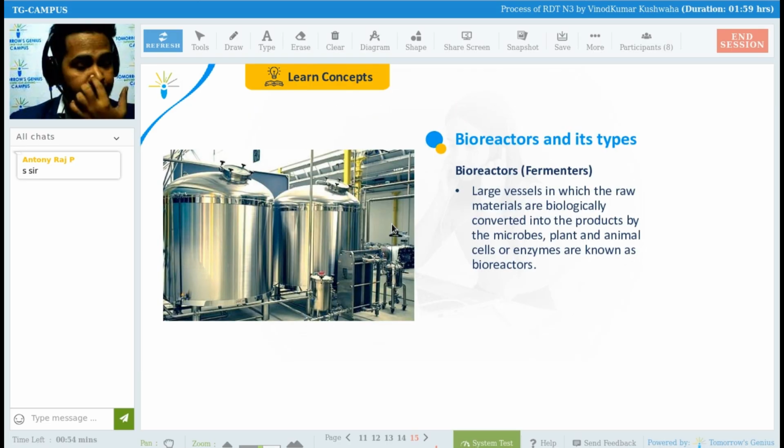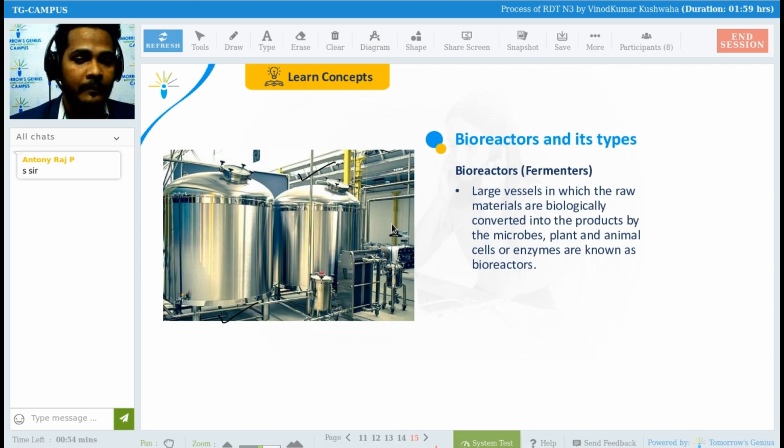Okay. So you can see here a bioreactor, which is also called a fermenter. Bioreactor or fermenter. This is an industrial fermenter, like in pharmaceutical or dairy product industries. These are all bioreactors or fermenters. Now what is this bioreactor?